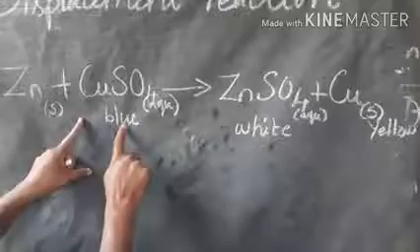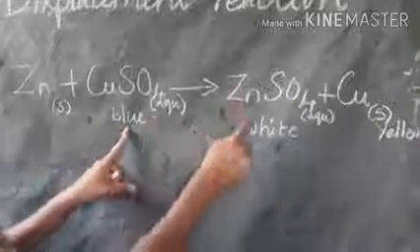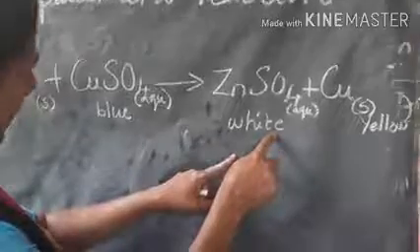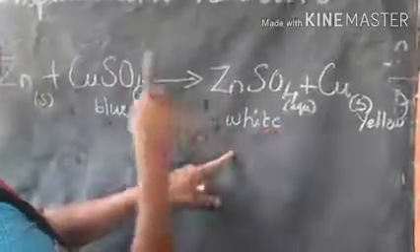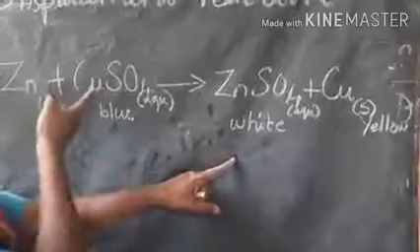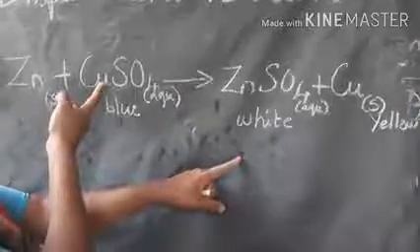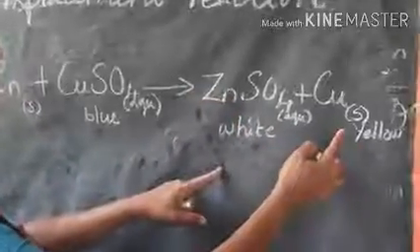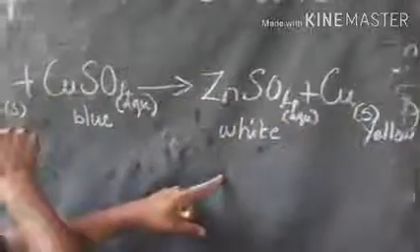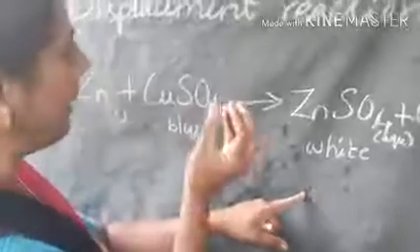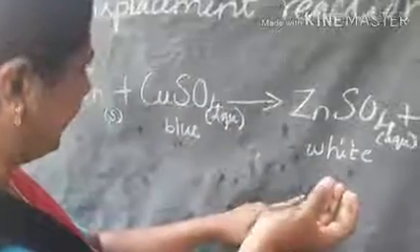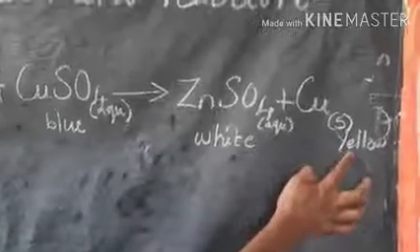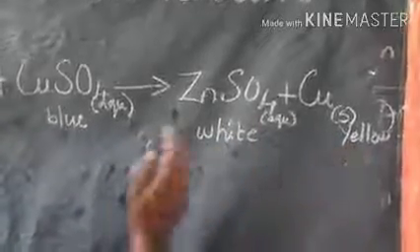So, the blue color of copper sulfate, due to the formation of zinc sulfate, now the color is white. Now, since zinc reacted with copper sulfate, copper is displaced, and that yellow color is deposited on some part of the zinc. So, the copper exists in solid form, yellow color.